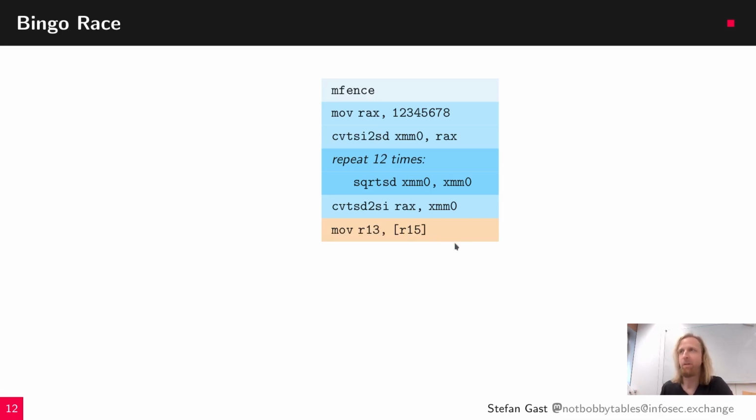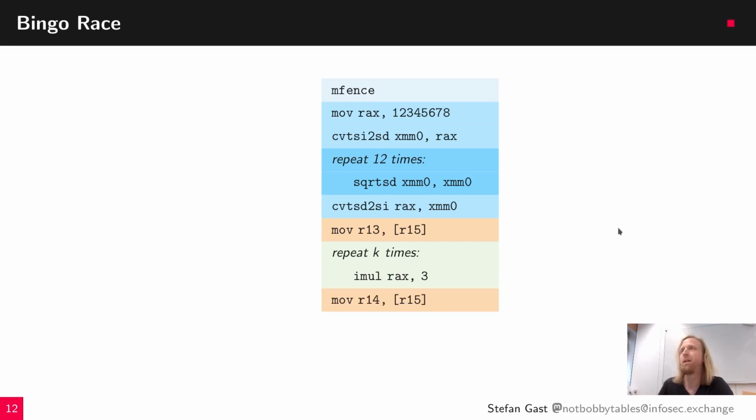Then we draw the first bingo number. Then we prime the scheduler queue by using k repetitions of the priming instruction. In that case, well, okay, it's also a multiplication here. And then we draw the second bingo number.